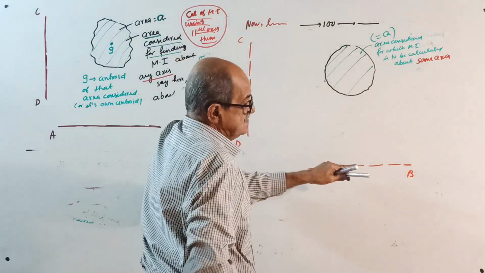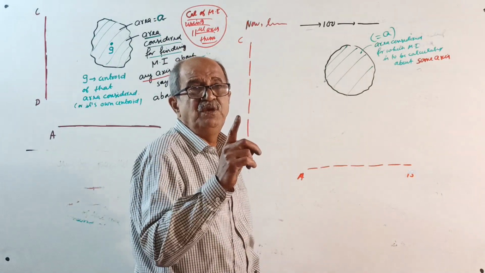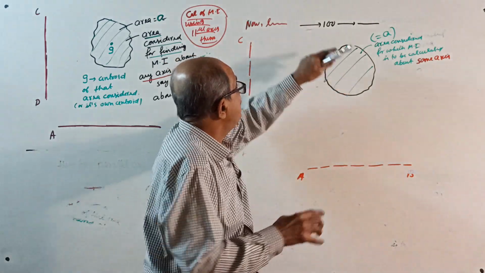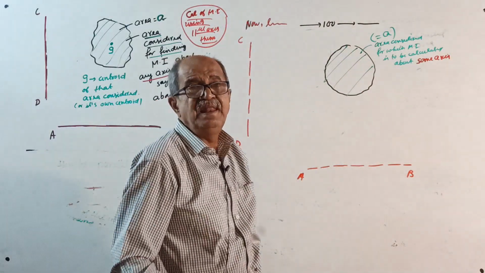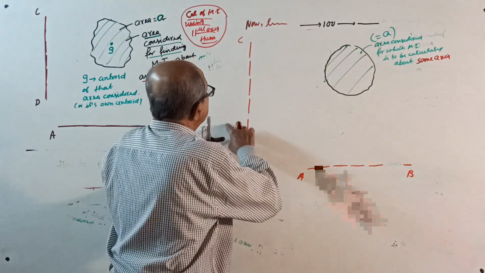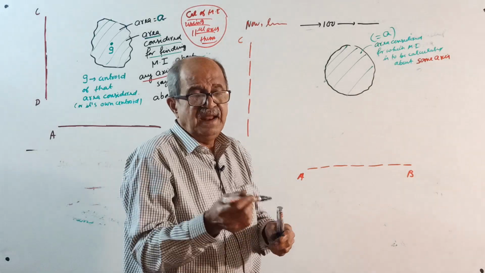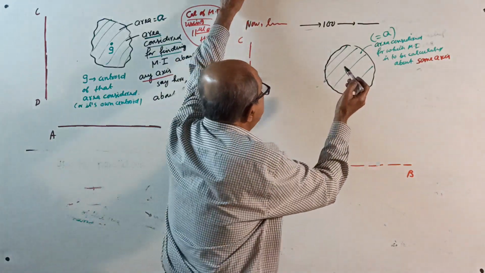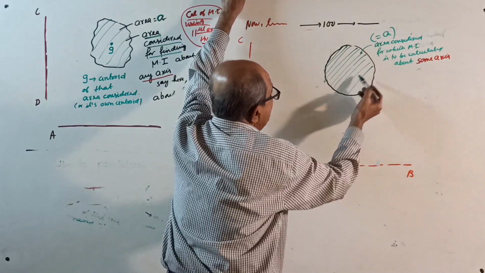You write here. First I will dictate how to find moment of inertia of this area considered about AB. Then I will tell how to find moment of inertia about CD. What I will tell is to correctly identify which area you consider. Shading is not required later, this is the area.